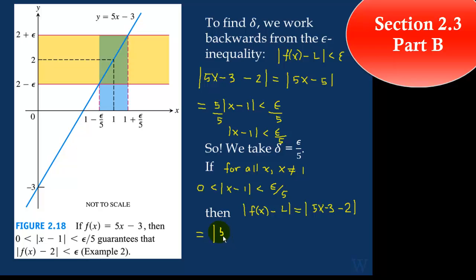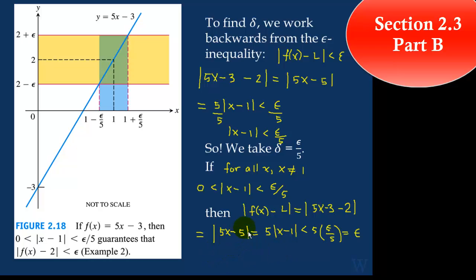We go |5x minus 5|, which is equal to 5|x minus 1|. Since we have chosen delta to be equal to epsilon over 5, it's less than 5 times epsilon over 5, equal to epsilon.